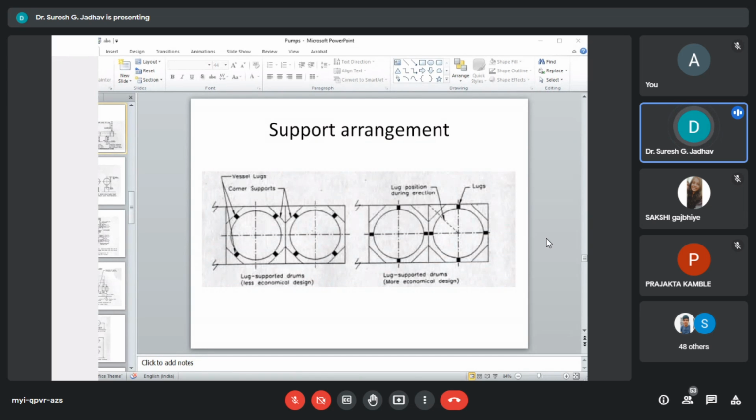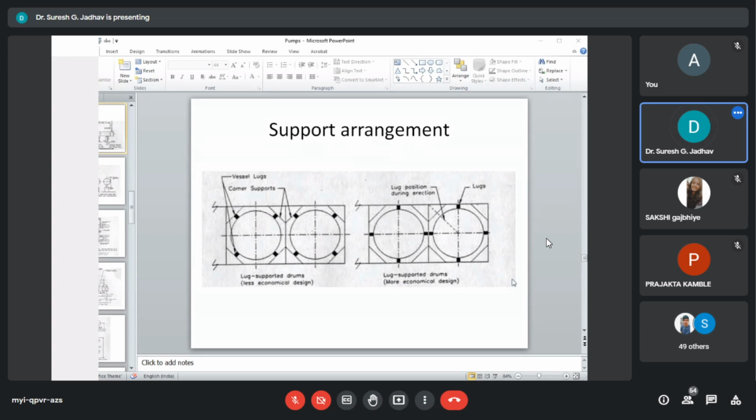The structural arrangement for support also contributes a considerable part in the economics of installation. Certain economical arrangements of support are illustrated here.